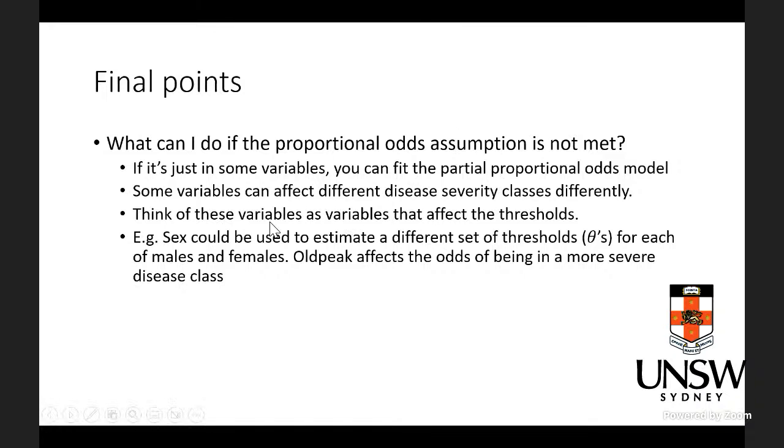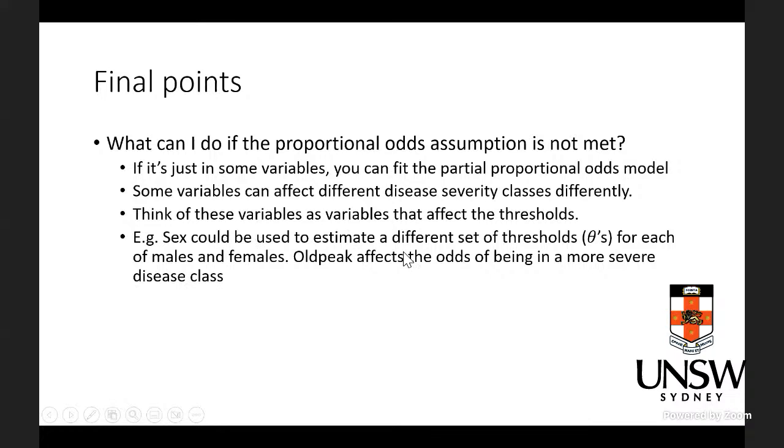You could think of the variables that have a different effect depending on what disease severity class you're in as variables that just affect the thresholds. So for the example we've worked through, you could say sex is just something that I'm adjusting for. It's not really a variable of interest.